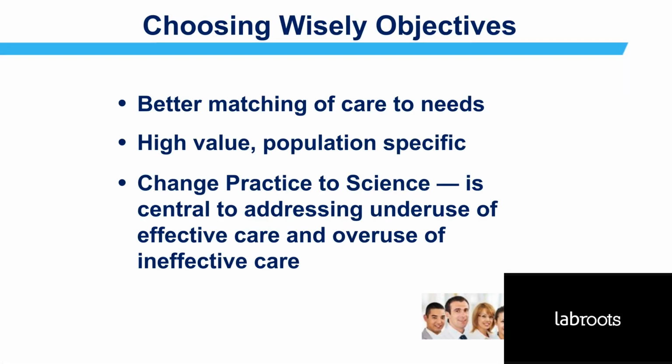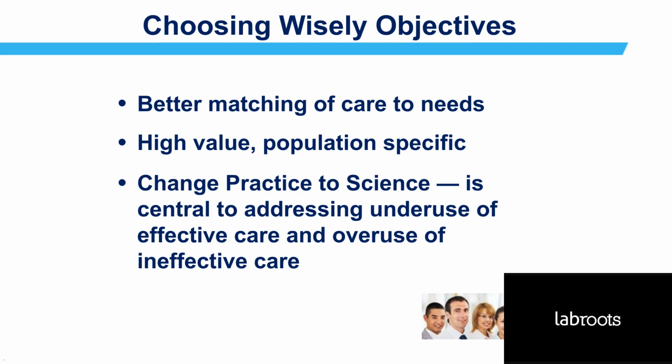If we look at our Choosing Wisely objectives, they're simple. We want to have better matching of patient care to the appropriate level of patient needs. It must also be of high value with specific attention to the needs of specific patient populations and their specific clinical conditions, such as diabetes, heart failure, sepsis, and renal disease, just to mention a few.